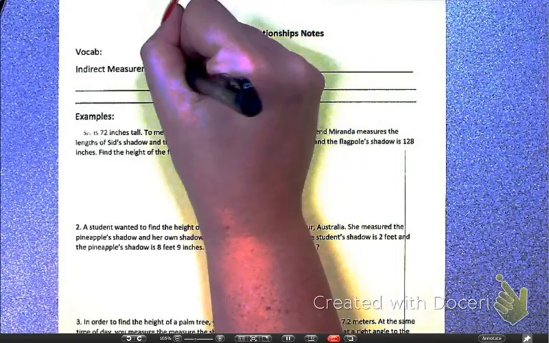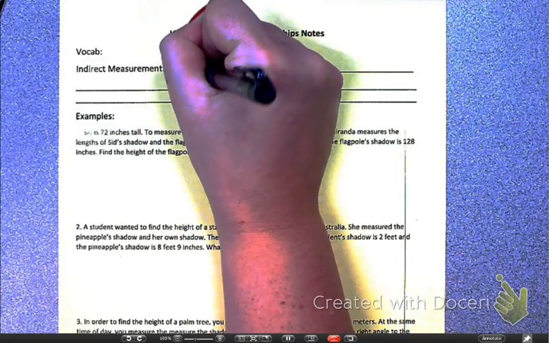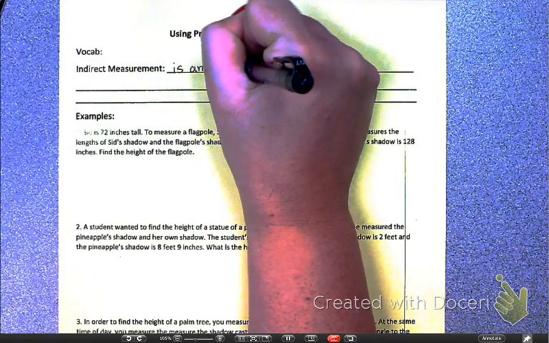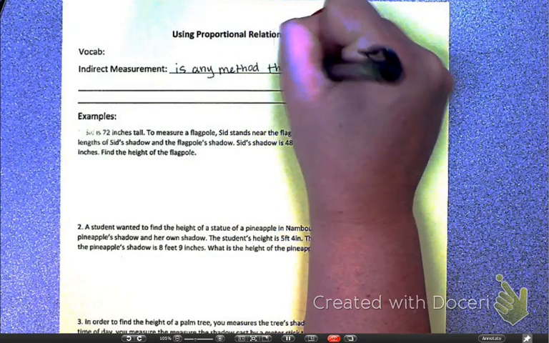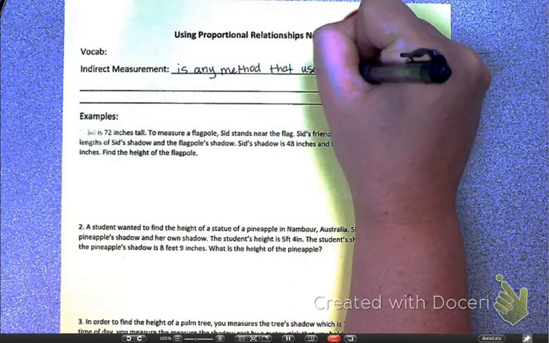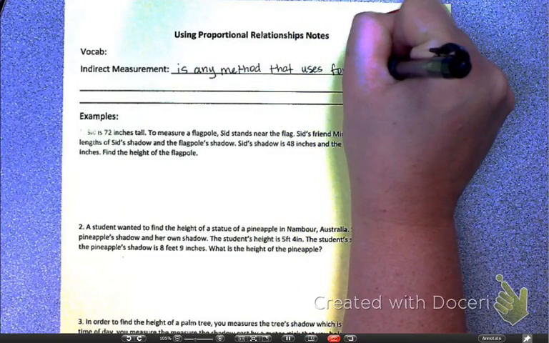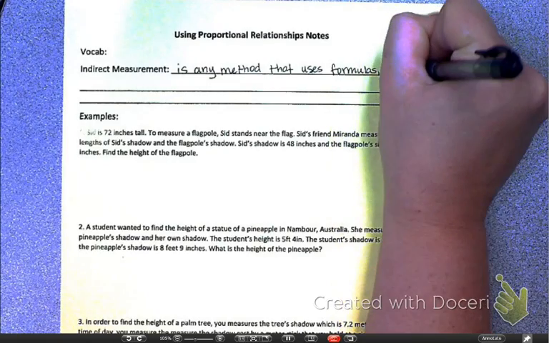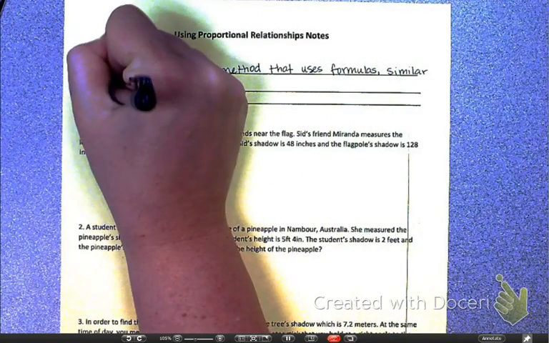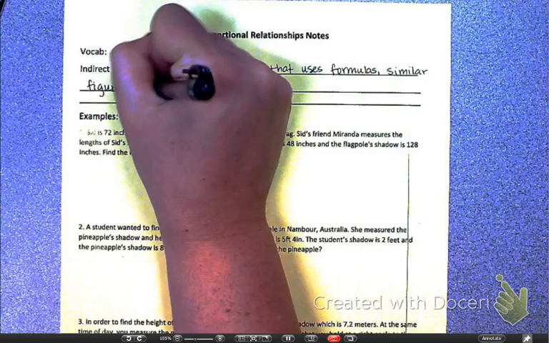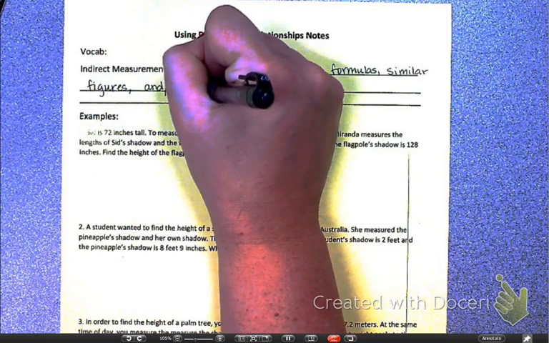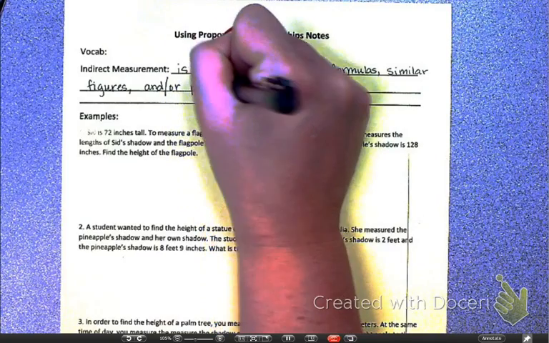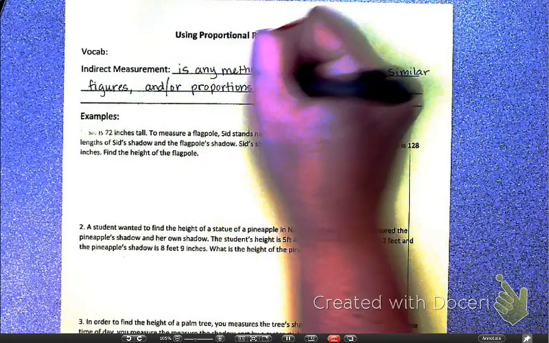So indirect measurement is any method that uses formulas, similar figures, and or proportions to measure an object.